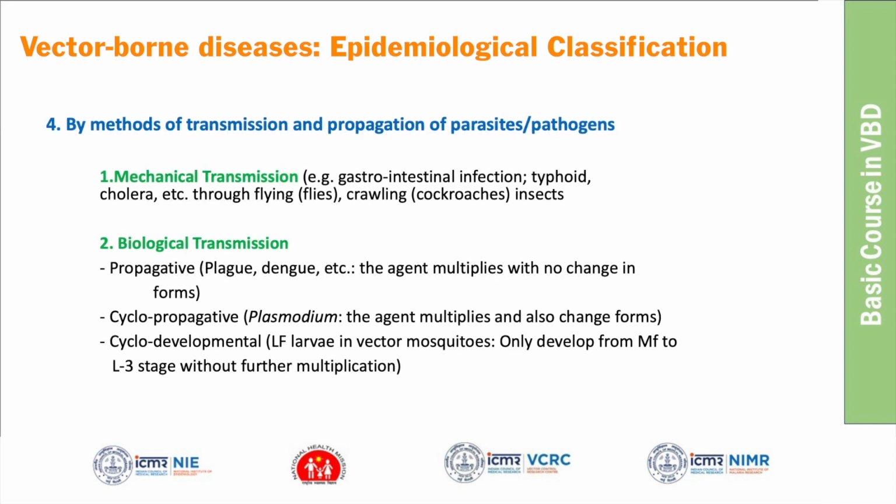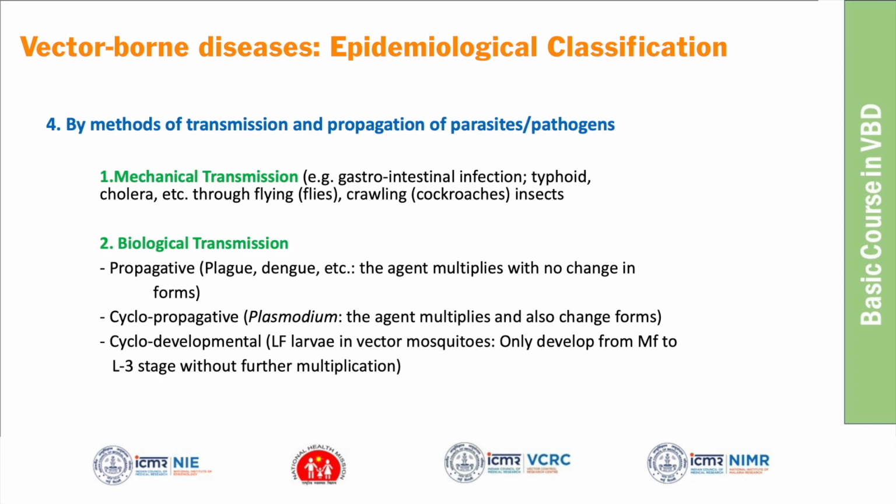Now, yet another classification is by the method of transmission and propagation of parasites or pathogens inside the hosts. In this, there are two categories. One is the mechanical transmission. That is, the pathogens are attached to the legs or the other body parts of the vectors.